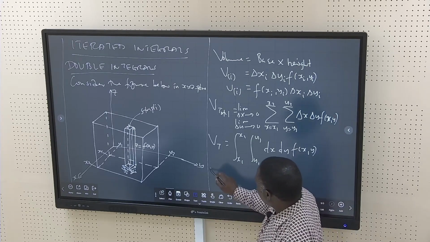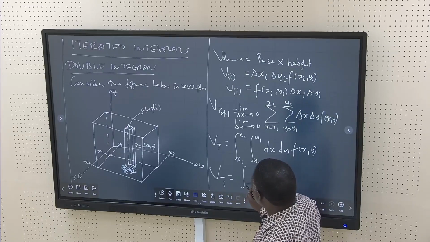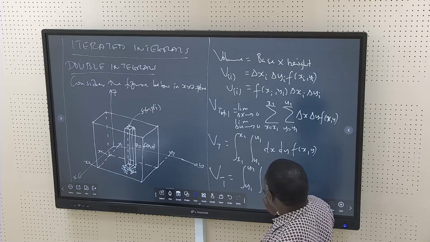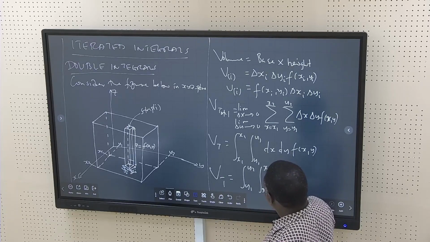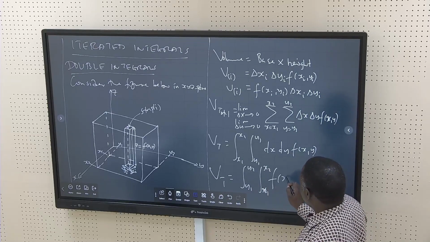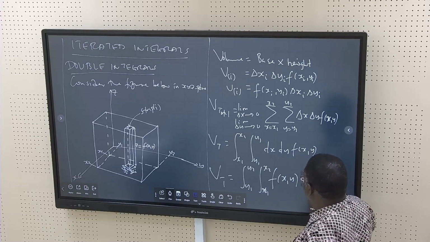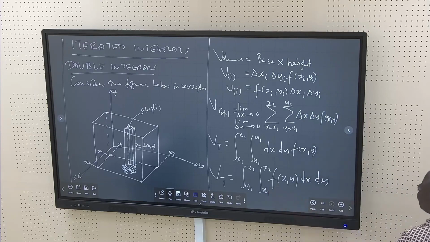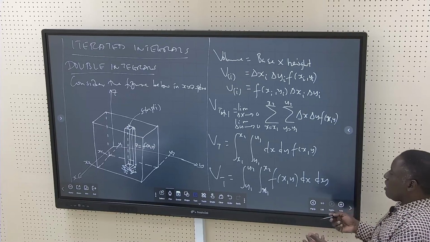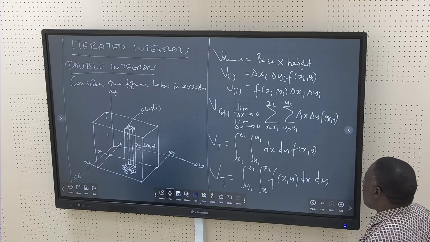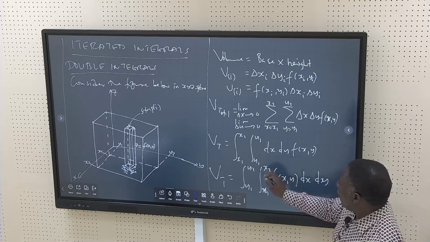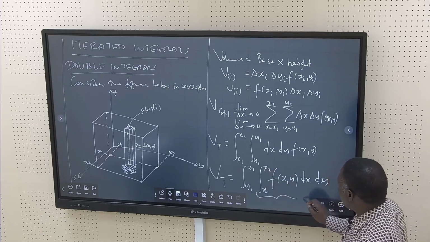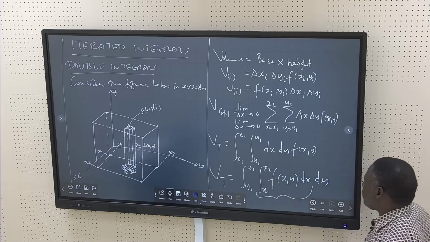So rearranging, we have the integral from y1 to y2, integral from x1 to x2, of the function f of x, y with respect to x, with respect to y. So this is how the iterated integral or the double integral can be evaluated. Very simple. And something to note here is that when you are evaluating this, you start with the inner operation, then you finish with the outer one.